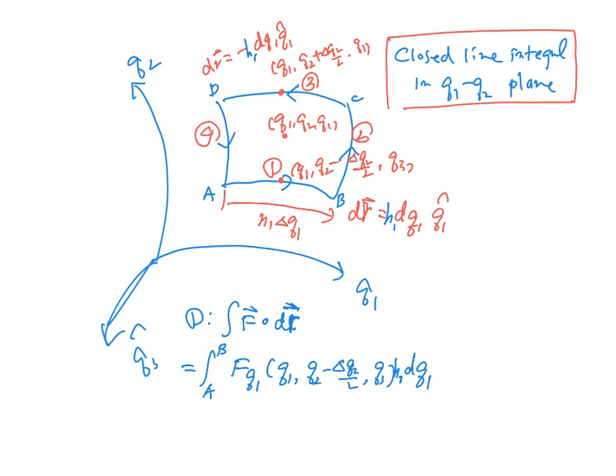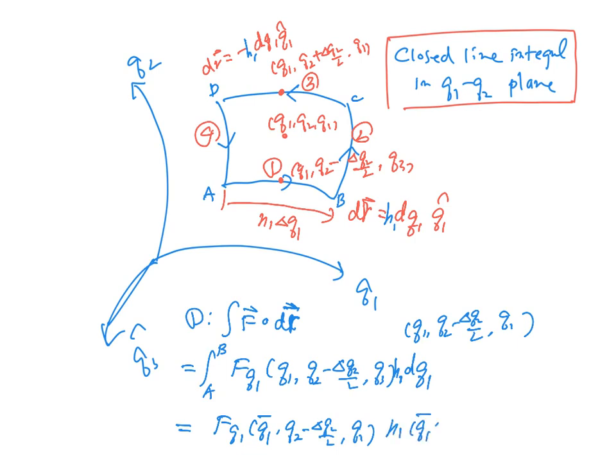But H1 is also a function of Q1, Q2 minus delta Q2 over 2, Q3. So this is actually F_Q1 at Q1 bar, Q2 minus delta Q2 over 2, Q3, times H1 at Q1 bar, Q2 minus delta Q2 over 2, Q3, times delta Q1.